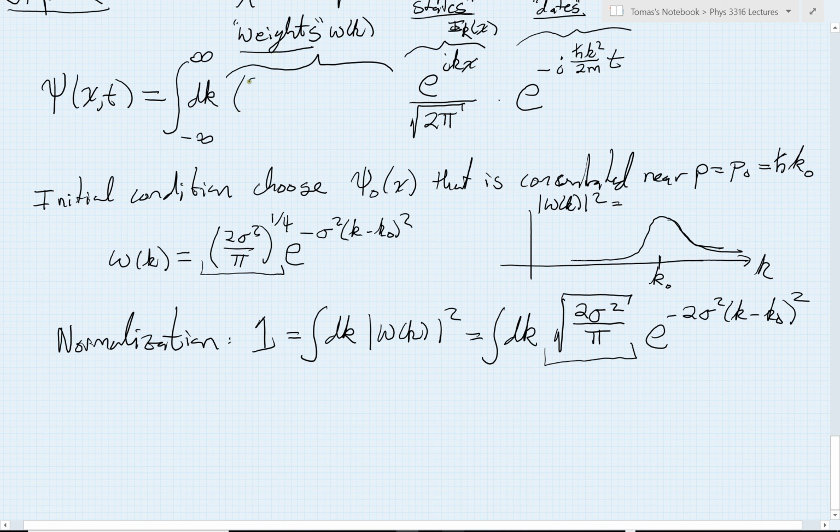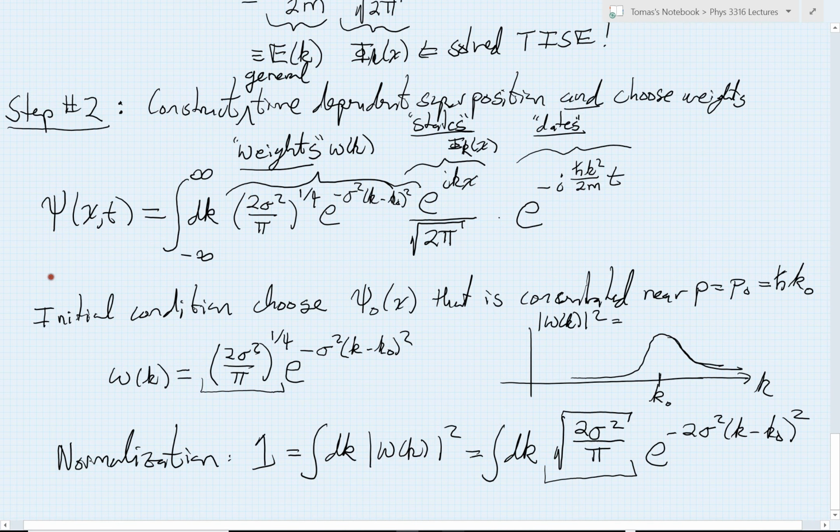So for this example, this would be 2 sigma squared divided by pi to the 1/4 factor, so I get a proper normalization. And then my k dependence is e to the minus sigma squared times k minus k naught quantity squared. Those are my weights. Okay, now that would be my solution.